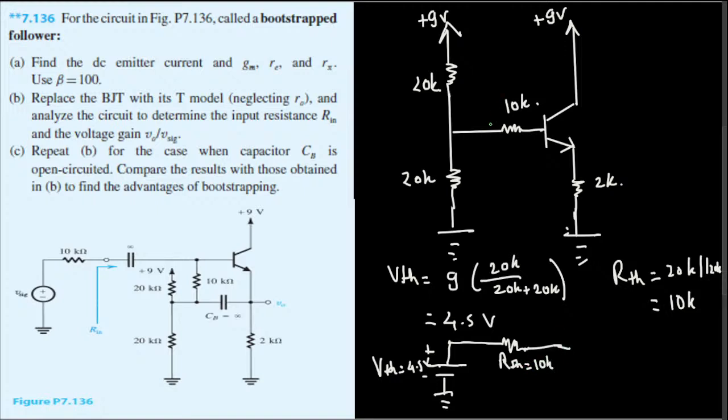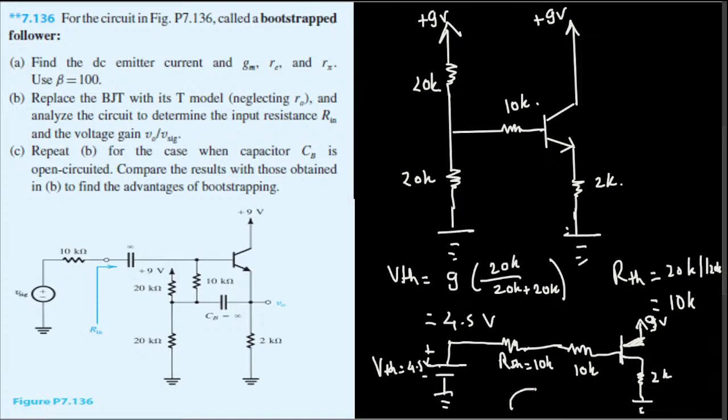But here we still have another resistor at the base that will still come there, and the others remain the same. We just simplified the inside of it. So the top is going to be 9 volts, and the bottom is connected with the 2k and then grounded. This is the circuit we have.